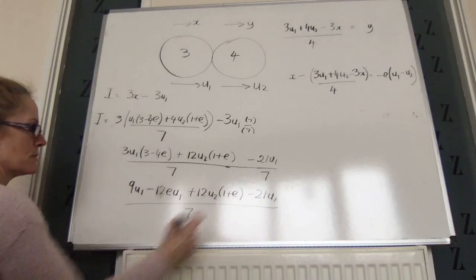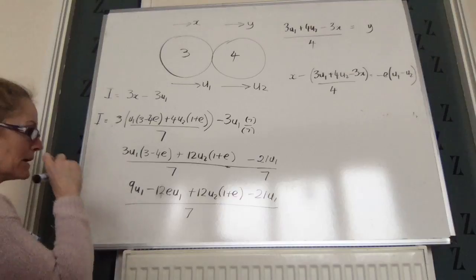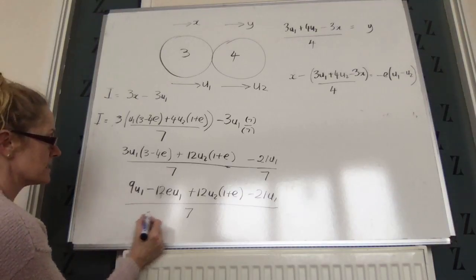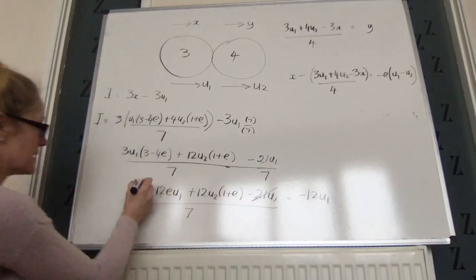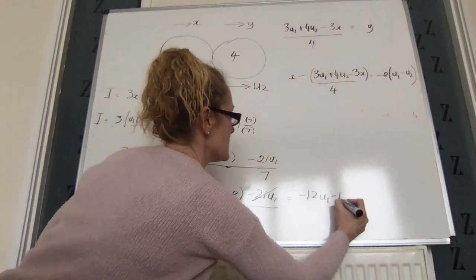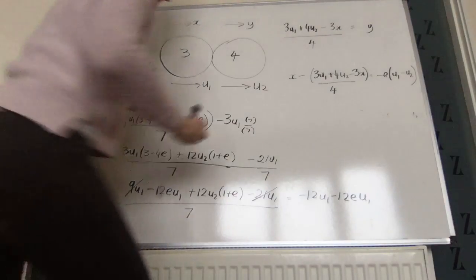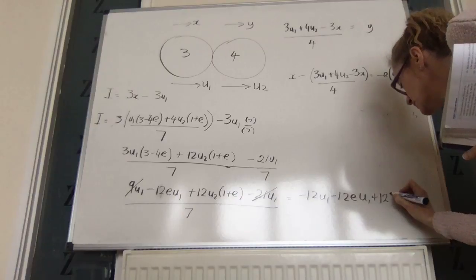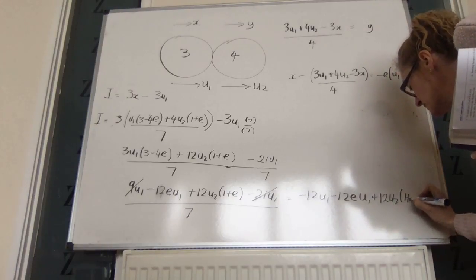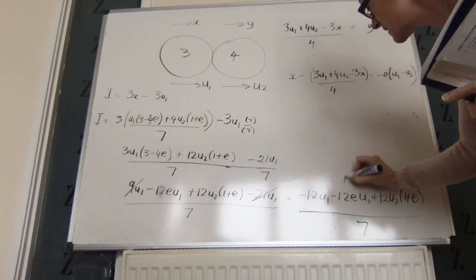9u1 take away 21u1, that is right, isn't it? It's minus 12u1. So we've got minus 12u1, minus 12eu1, plus 12u2 times (1 plus e), all over 7. So we'll just tidy that up here.